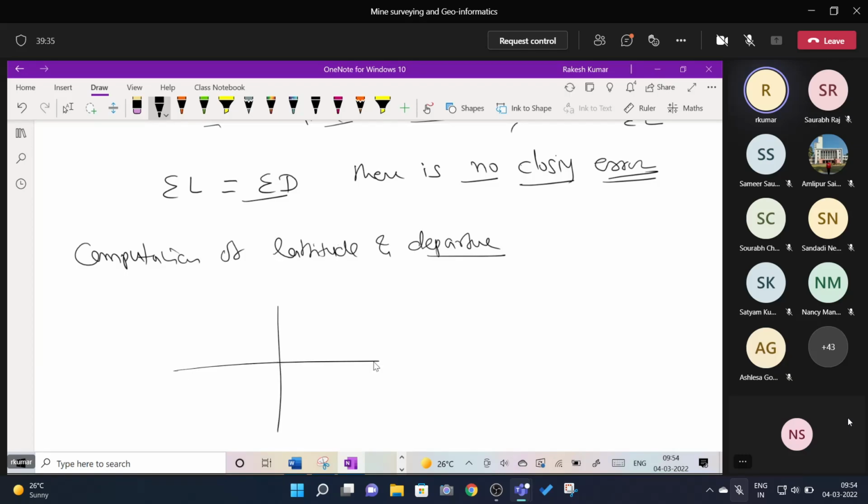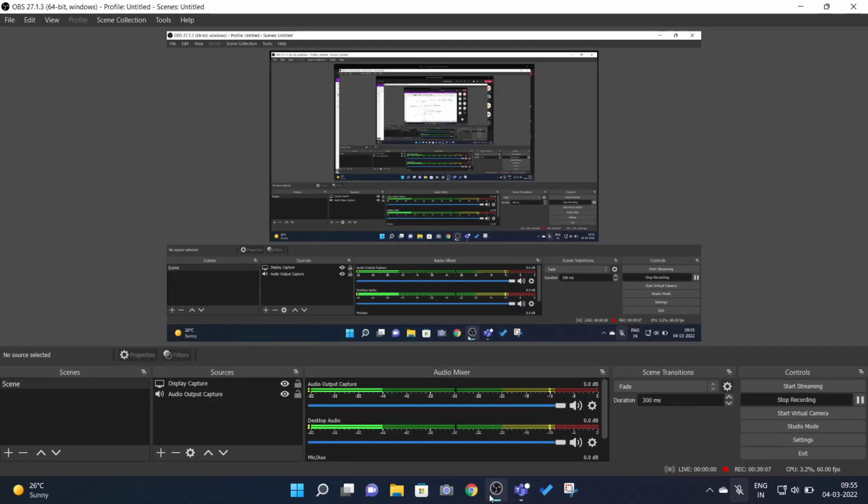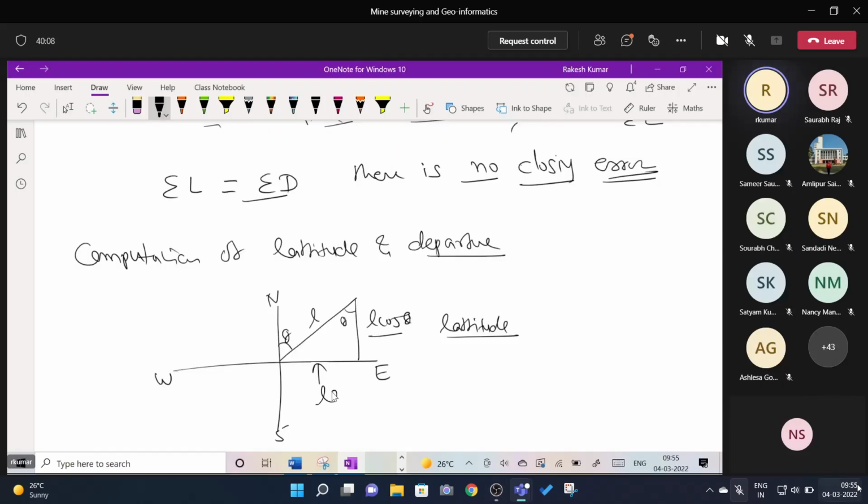So now if I say this is my north, south, east and west, and if I say this is my length L, and this angle is theta, so can I say this is L cos theta? It means it is latitude, and this is L sin theta, am I right?